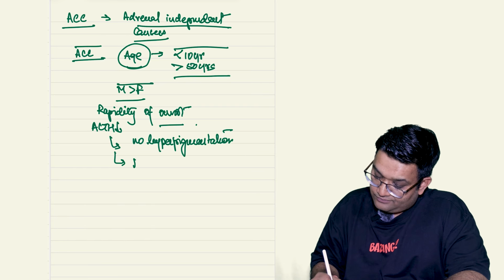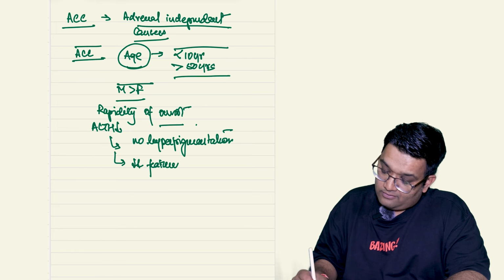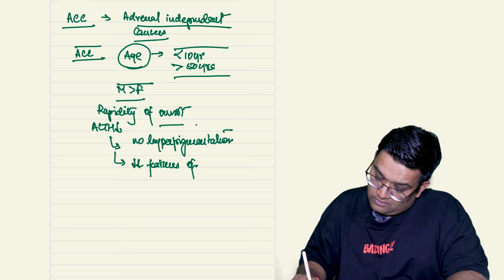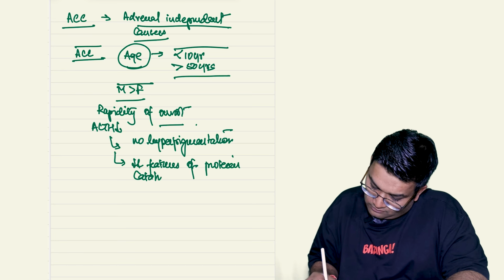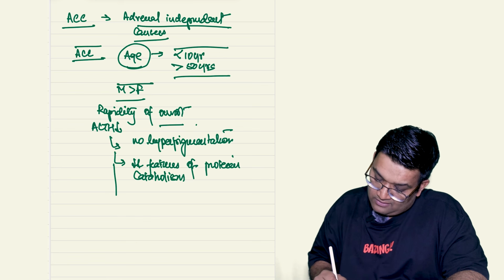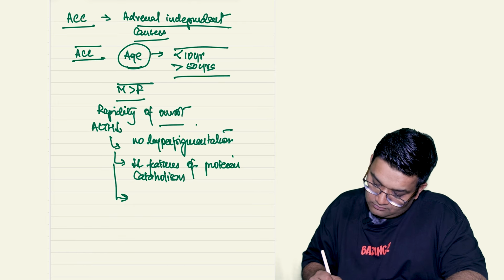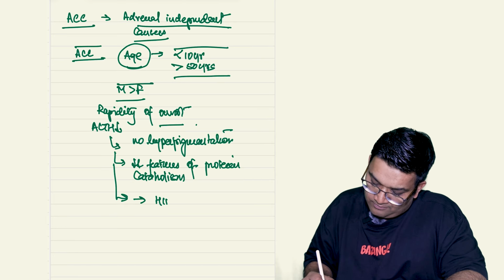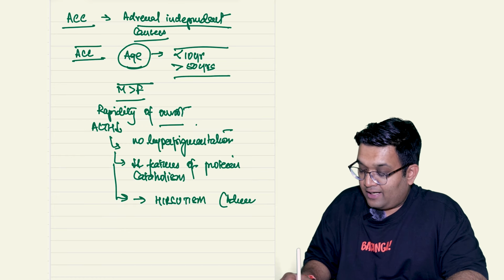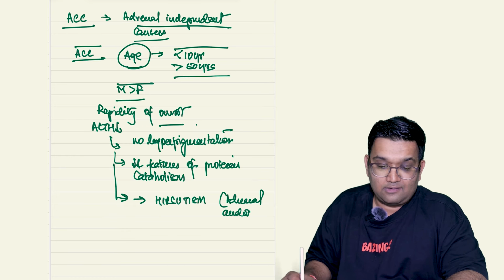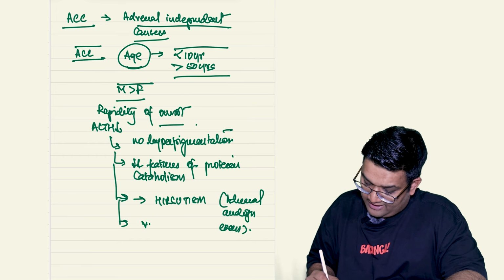Very less features of protein catabolism, and there are going to be features of hirsutism, that is because of the adrenal androgen axis, and presence of virilization.